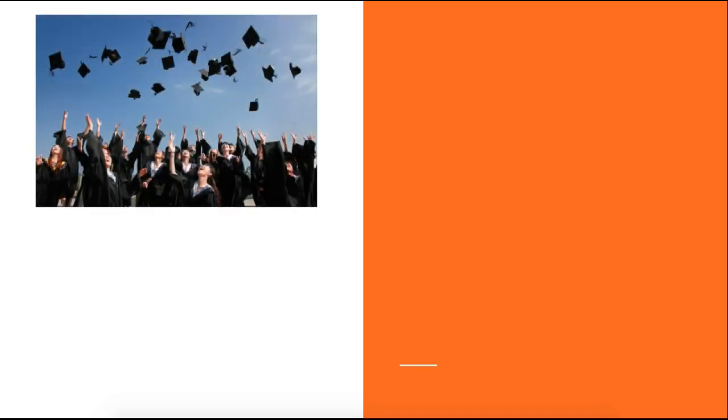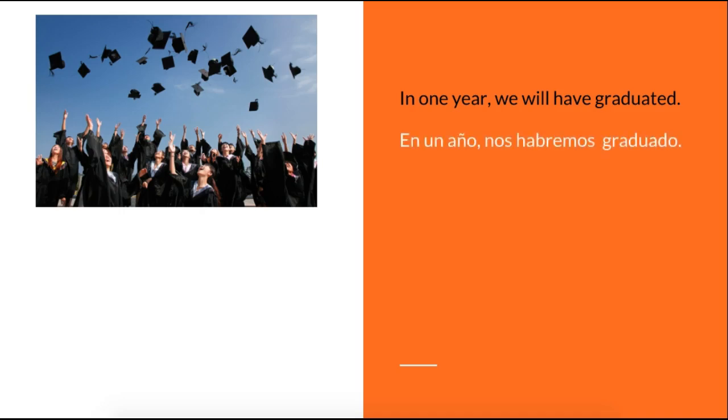Let's take a look at a couple of examples. If I want to say, in 1 year we will have graduated, in Spanish you'd start out just the same, en un año, and then since to graduate, graduarse, is a reflexive verb, we're going to put the nos, which is our reflexive pronoun, in front of the conjugated verb habremos, which is why we get en un año nos habremos graduado.